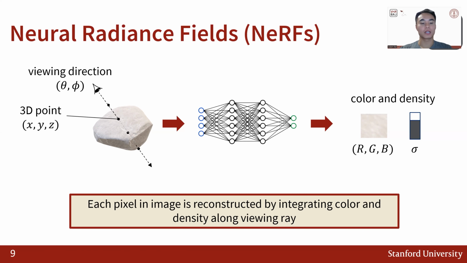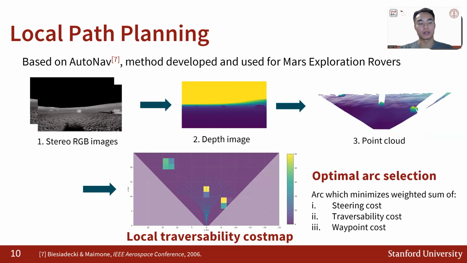And then given this architecture, the way the NeRF renders images is that each pixel in the image is reconstructed by shooting a ray out from the camera and then integrating these color and density values along sample points along the viewing ray.